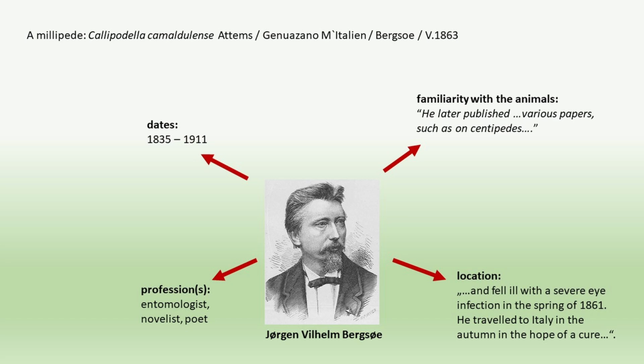We know he published on centipedes, so it's quite likely that he collected in the same area where you'd find a millipede, with similar habitats. And we also have the historical context that he was in Italy in the 1860s. When you put all of that together, I hope we can be fairly confident that the Bergso in that database is this Bergso here, and we can then link into his Wikidata name and so on. So that's an example of where everything's worked.